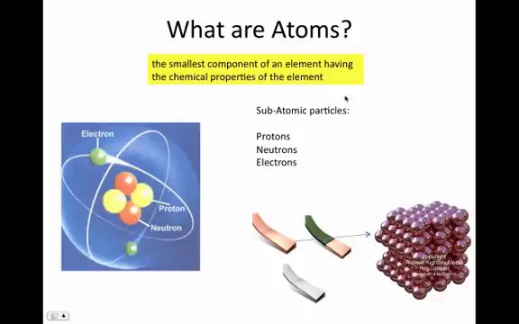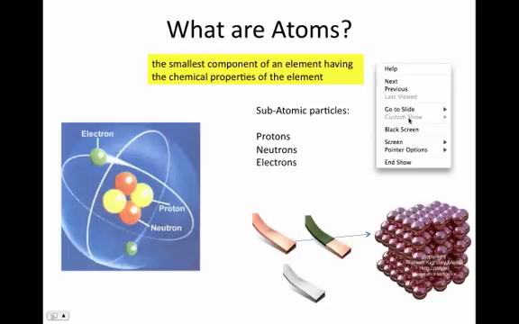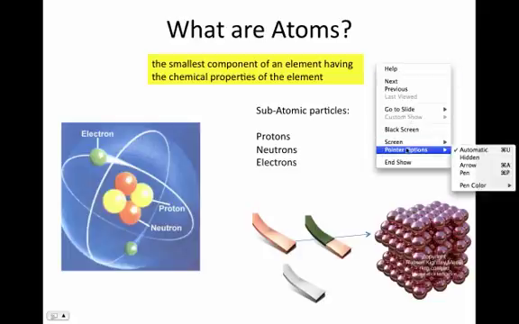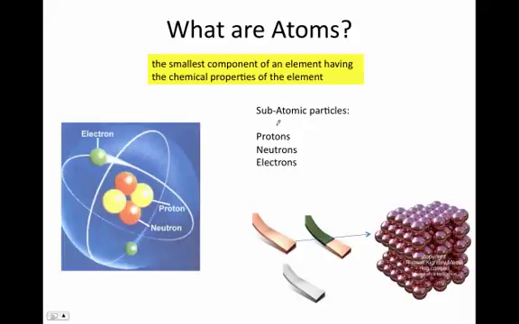To understand what an atom is, we need to talk about subatomic particles. Atoms are made up of three things. They have protons, which carry a positive charge and are located inside the nucleus.